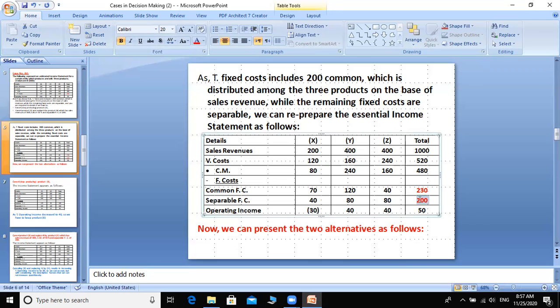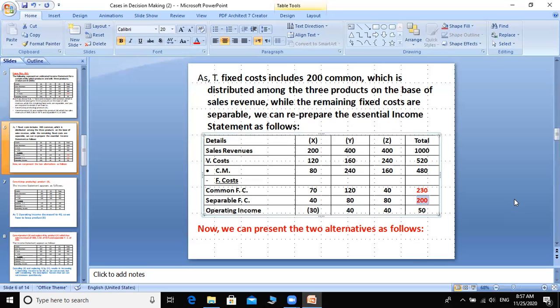The 200 is to be distributed among the three products X, Y, and Z according to their sales. So dividing 200 common fixed cost by the total sales 1000 gives 0.2. 0.2 times 200 gives 40. 0.2 times 400 gives 80. 0.2 times 400 gives 80. 40 plus 80 plus 80 equal 200. So the 200 common costs are distributed like this.